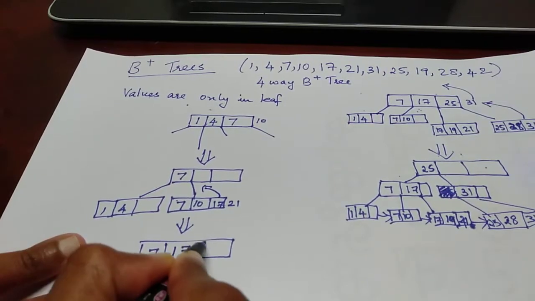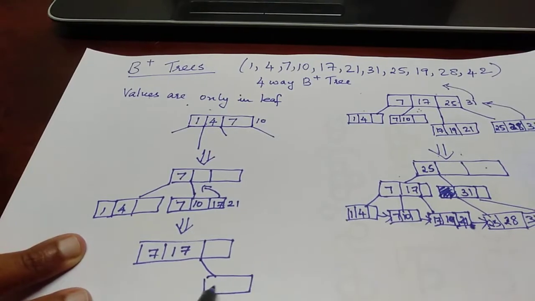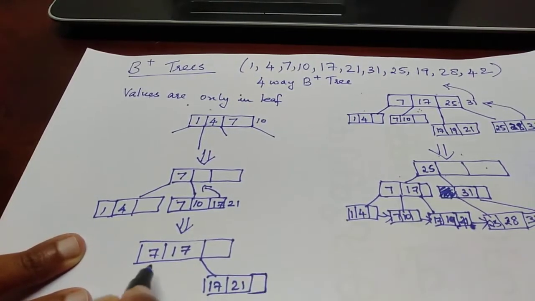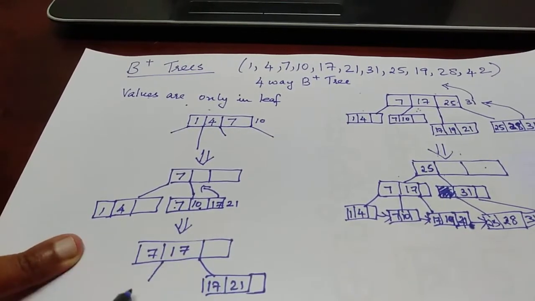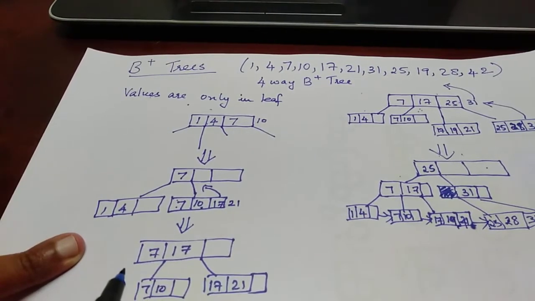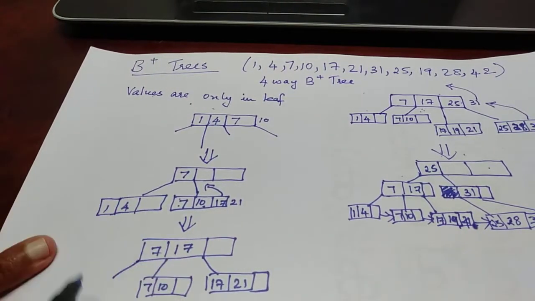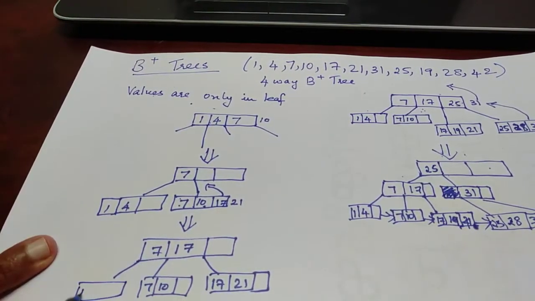So I will have 17 over here, and to the right of 17 I will have 17 and 21, and there's one more space left. To the left of 17, I've already got 7 and 10, so I will have 7, 10 and 1 space left. Over here we've not made any changes, so we will have 1, 4 and 1 space left.